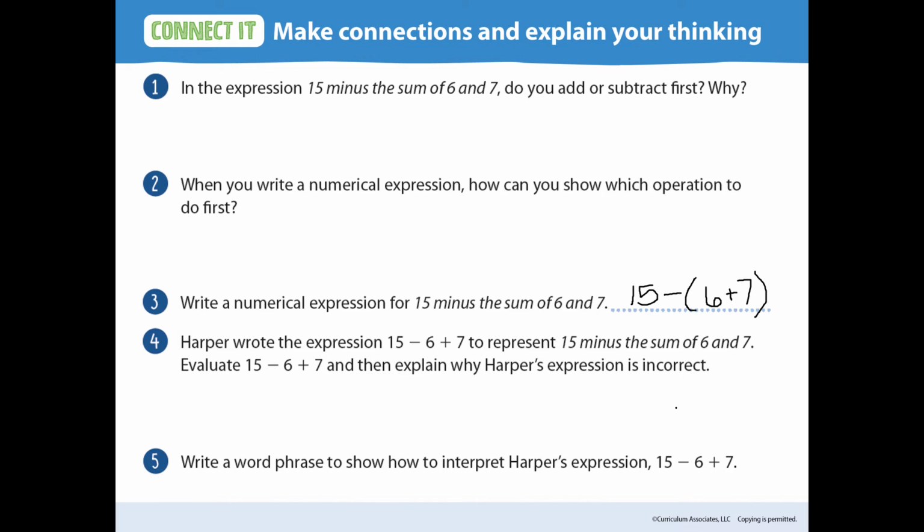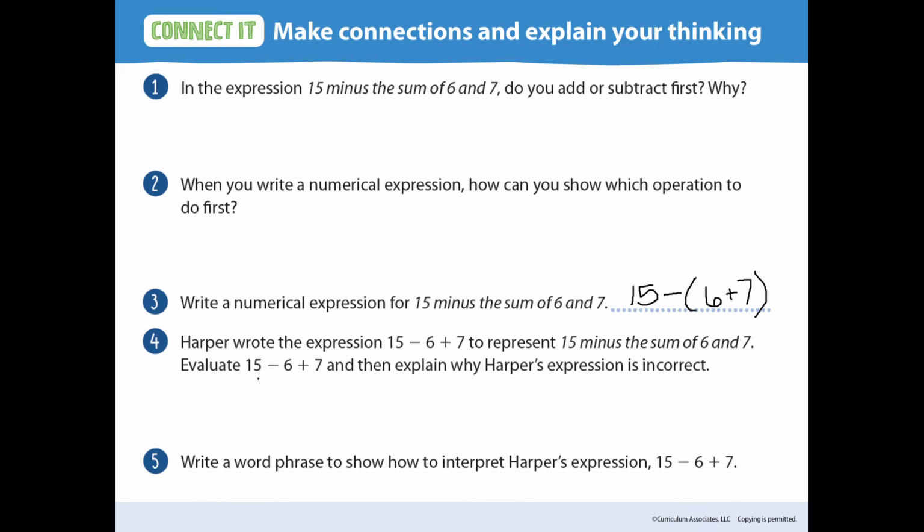Number 4, Harper wrote the expression 15 minus 6 plus 7 to represent the phrase 15 minus the sum of 6 and 7. Evaluate 15 minus 6 plus 7 and explain why Harper's expression is incorrect. So, following our order of operations, we have add and subtract together.